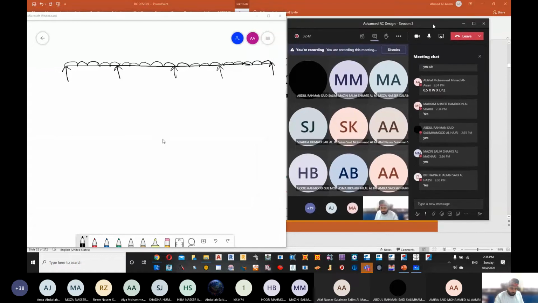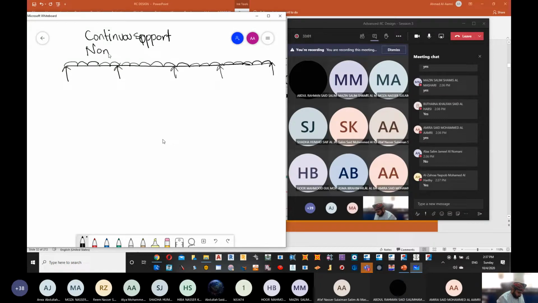Now, one thing I want you to understand first before we proceed is continuous support and non-continuous support. I don't want to hear further about fixed, pin, hinge, roller. We are going continuous or non-continuous.